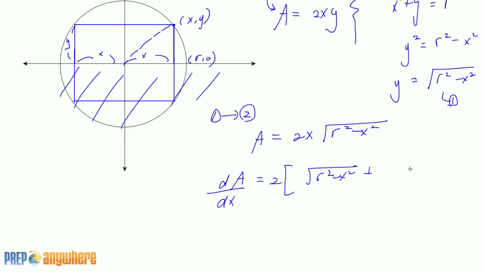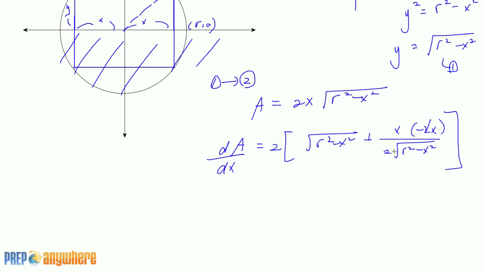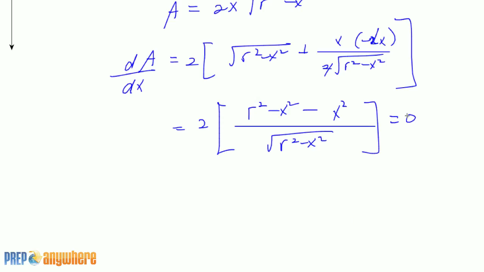It's the product rule, right? Let's simplify that, so we can add that with a base of the square root of r squared minus x squared. Alright, let's set that equal to 0.